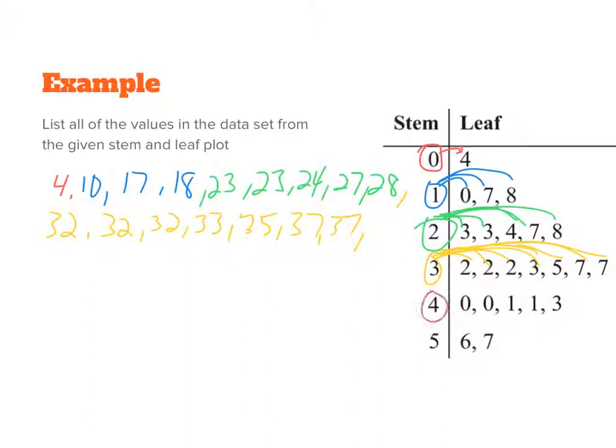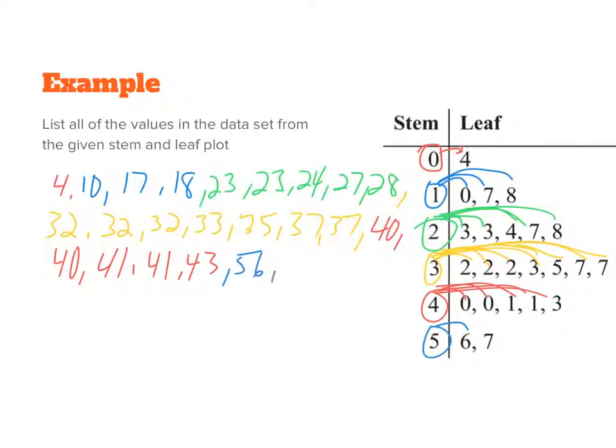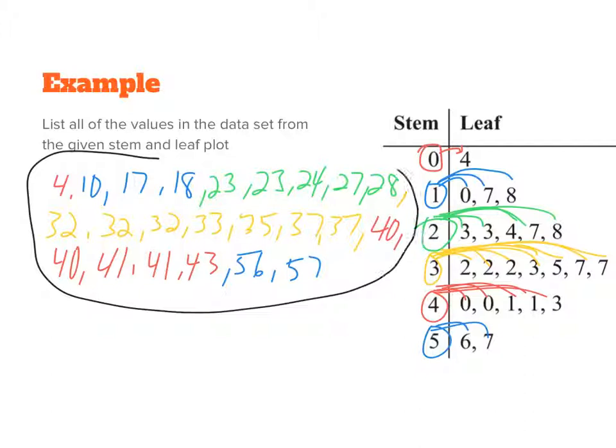For my stem of 4, I've got a leaf of 0, so 40, another 0, 40, a 1, 41, a 1, 41, a 3, 43. For my stem of 5, I've got a 6, so 56, and a 7, 57. So all of these numbers are in my data set. And that's all from my stem and leaf plot.